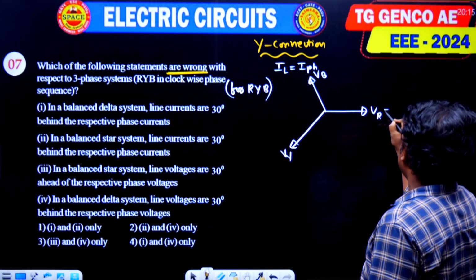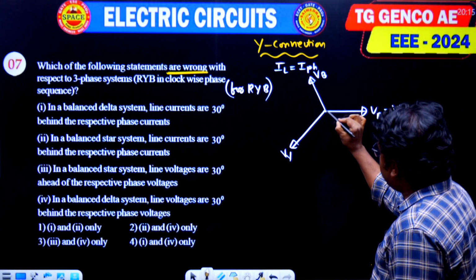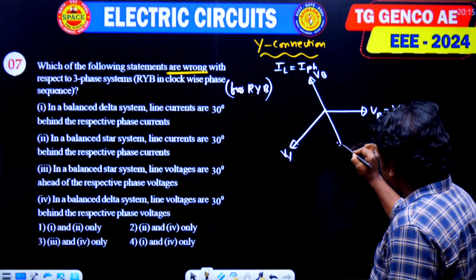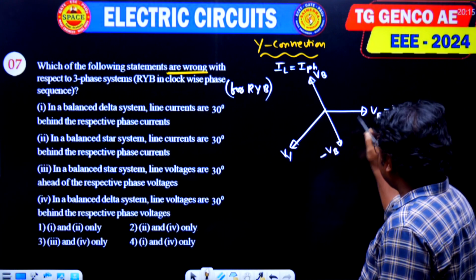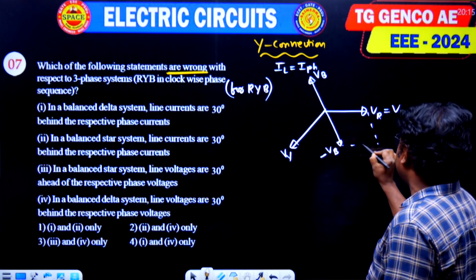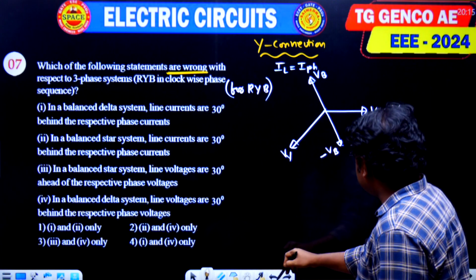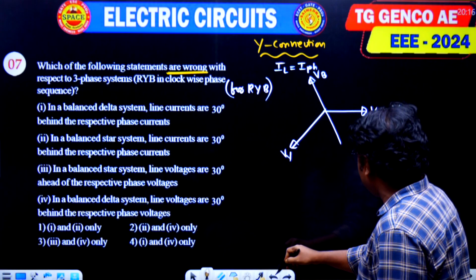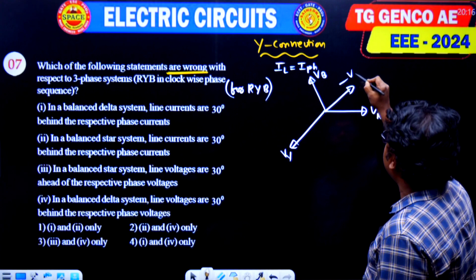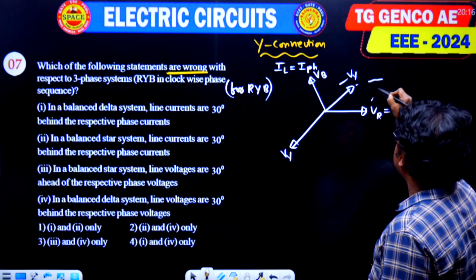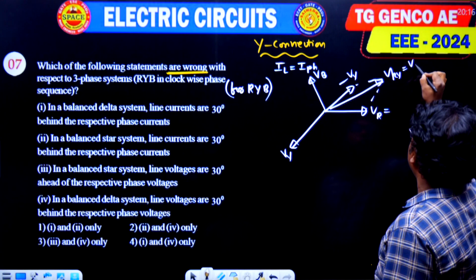Now this one is the phase voltage, V phase, and we require the line voltage. To find it, take minus VB and the vector sum of these two. Next, the line voltage: take minus VY, and the vector sum of these two gives the line voltage VRY.